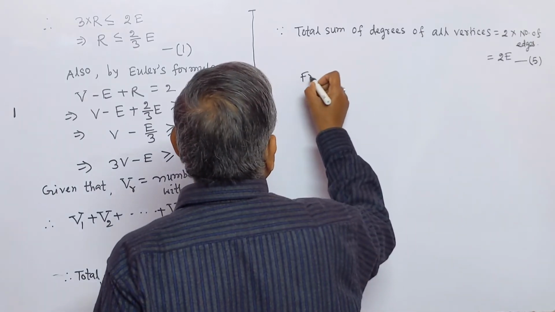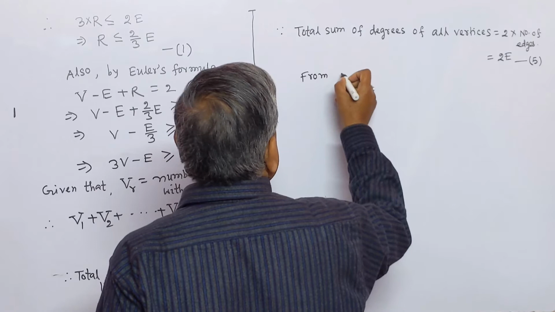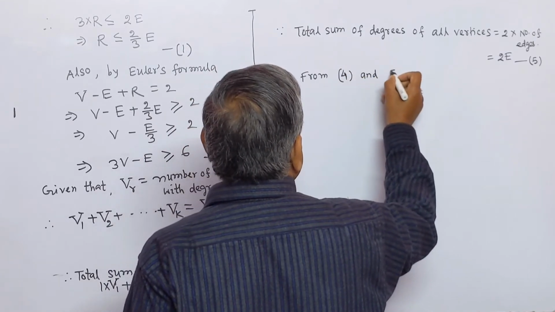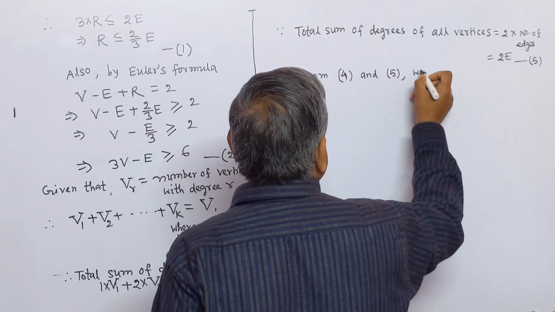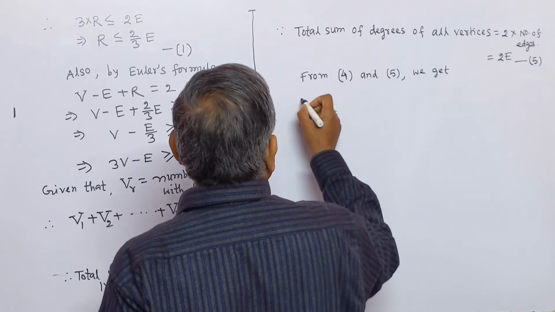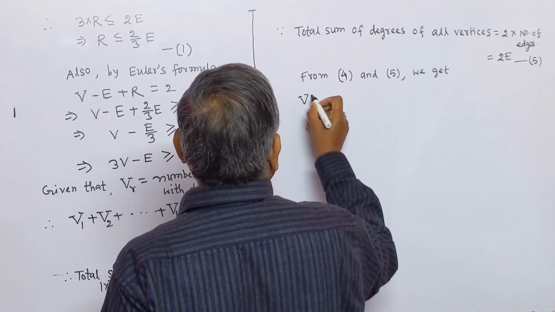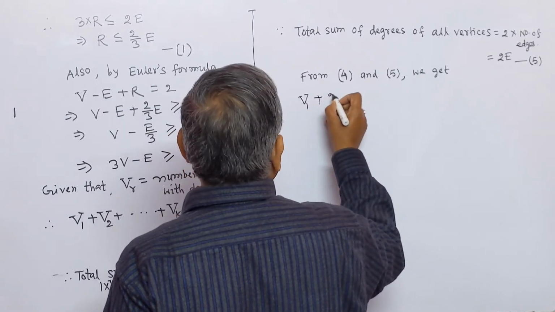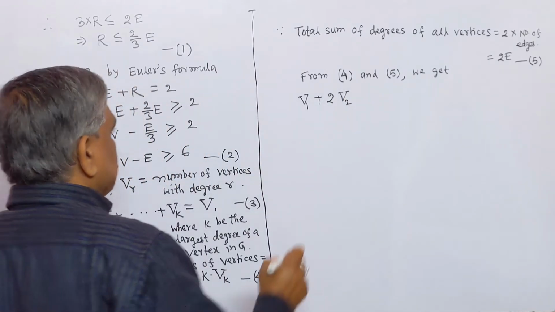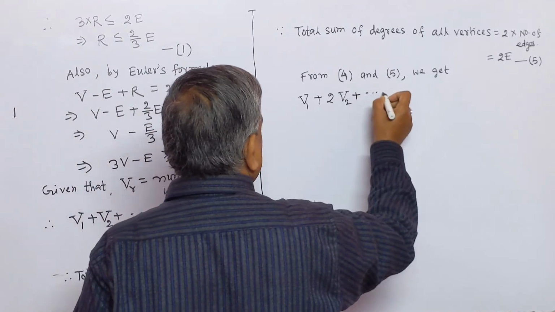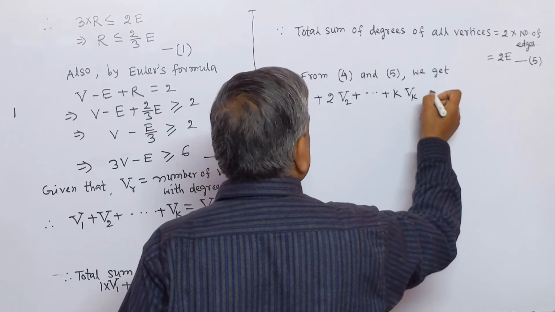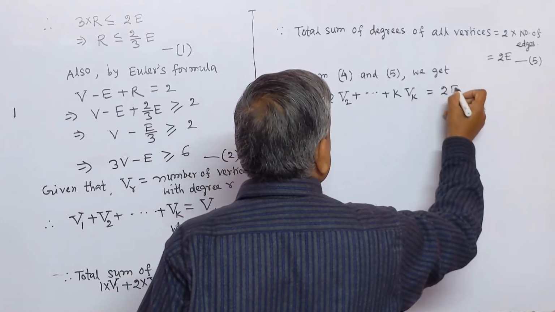From 4 and 5 we get V1 plus 2V2 plus and so on, plus kVk equals 2E.